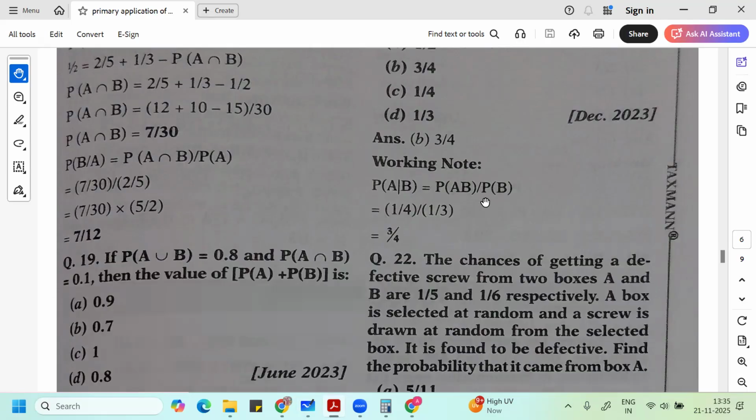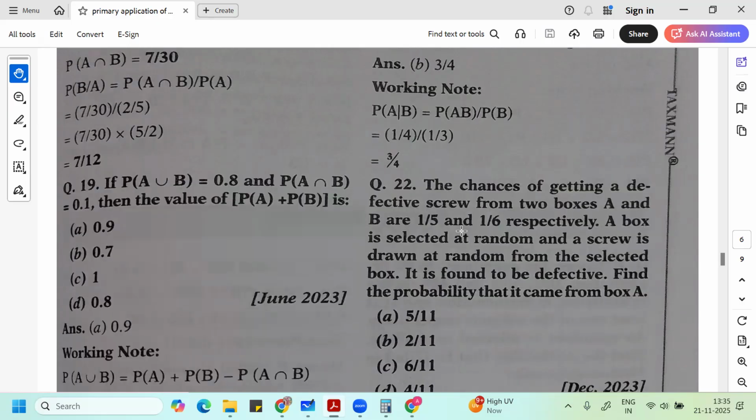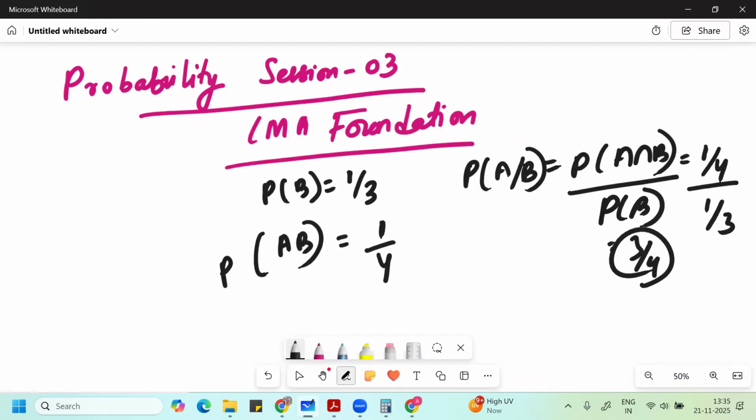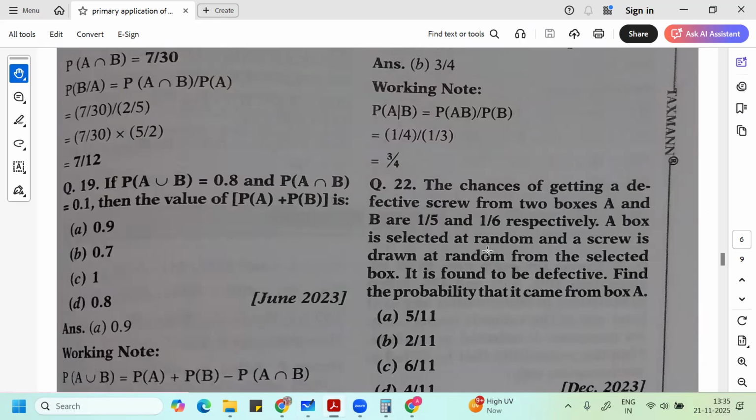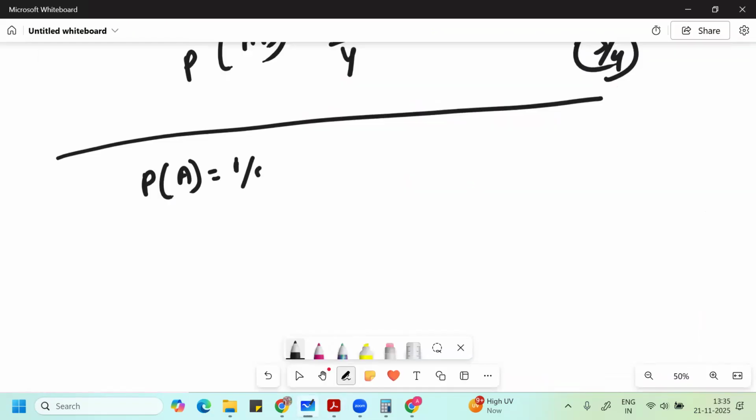Okay, question number 22. The chance of getting a defective screw from two boxes A and B are 1 by 5 and 1 by 6. So the probability of getting a defective screw from A is 1 by 5, and a defective screw from B is 1 by 6.